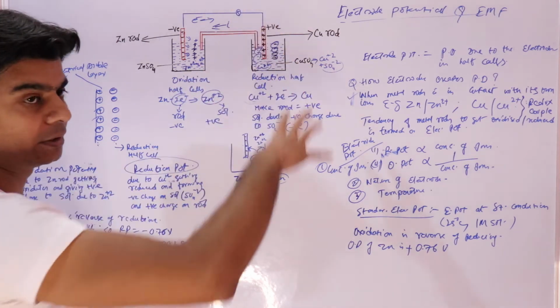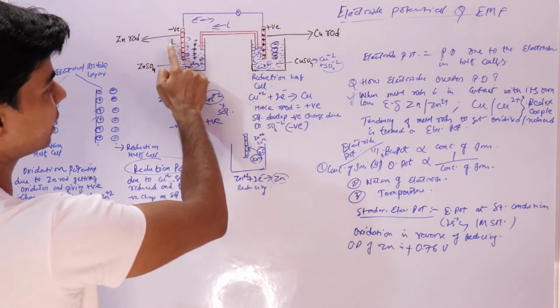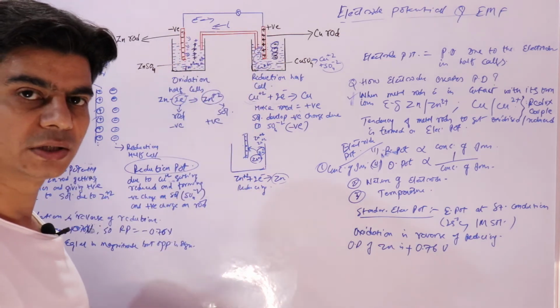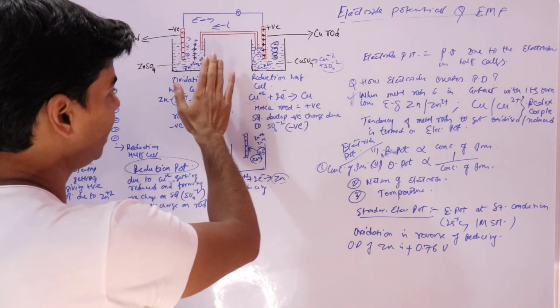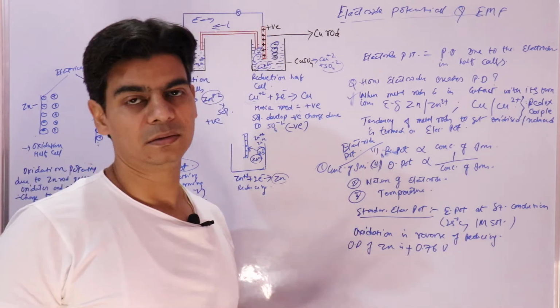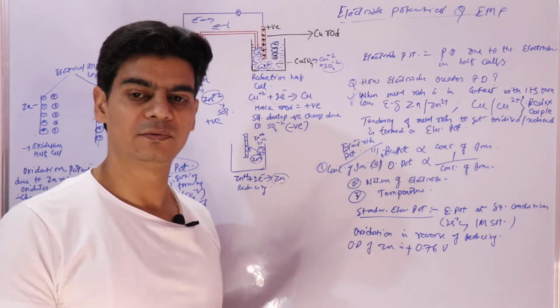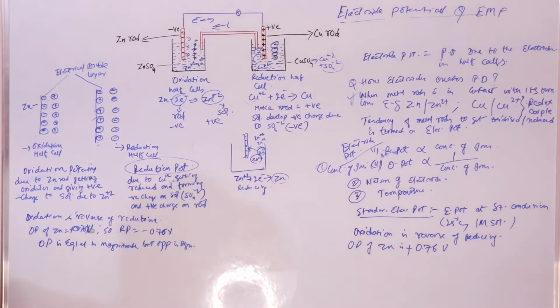And we know that current flows from higher potential to lower potential, right, in this direction. So due to this potential difference that has developed due to oxidation reaction and reduction reaction, current will start flowing in this cell, right?